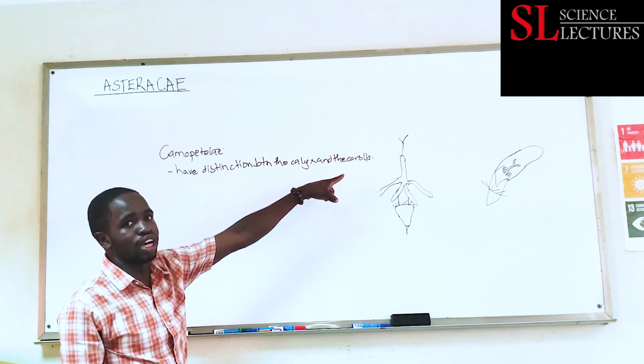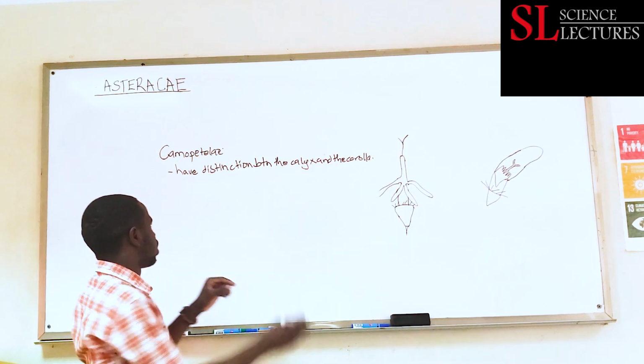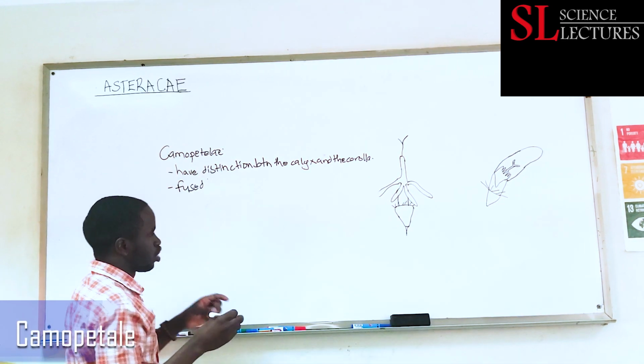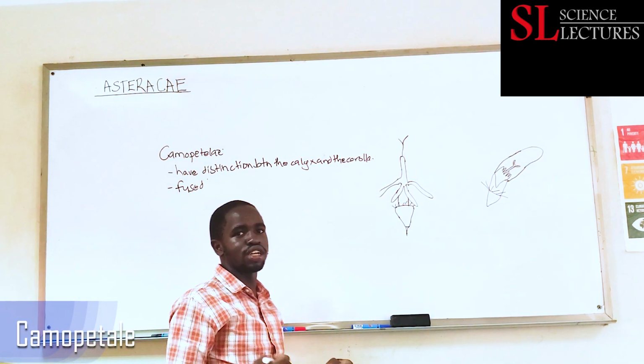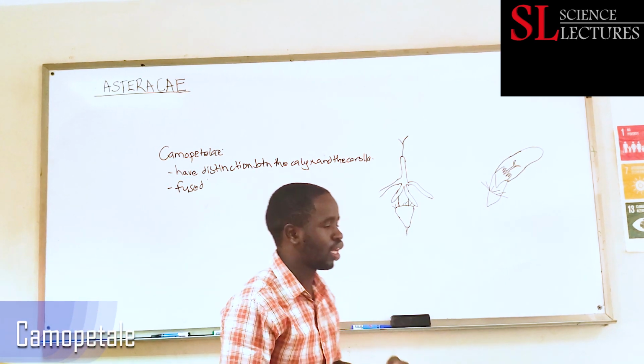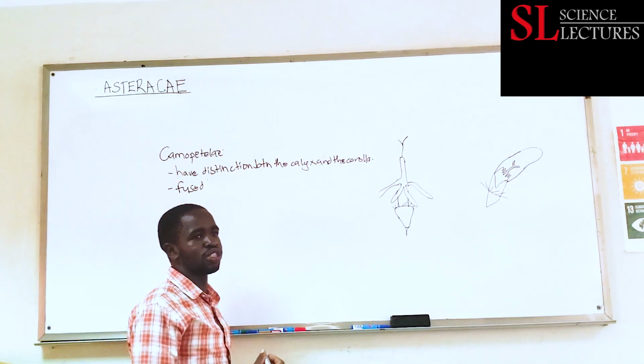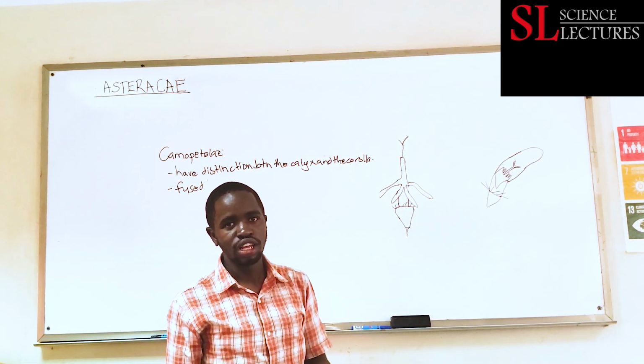However, we are looking at the corolla, which are the petals. These petals are fused. Gamo means fused. So all the families that we are going to discuss under this subclass have fused petals, and gamopetalae is considered to be the most advanced amongst the dicots.